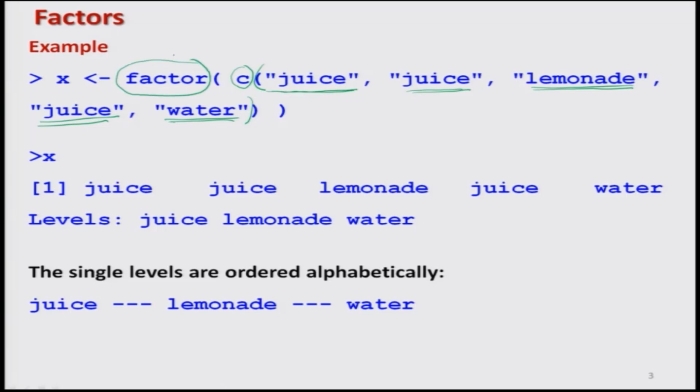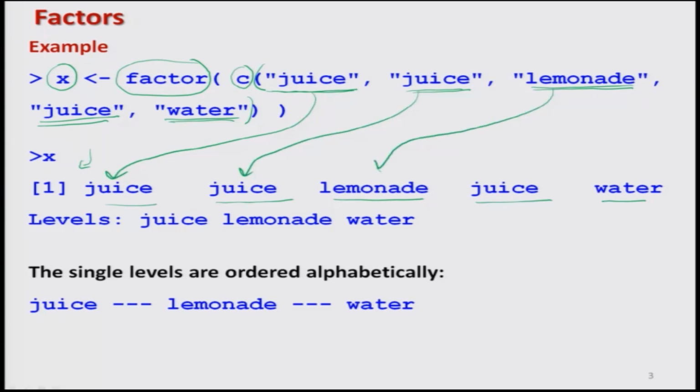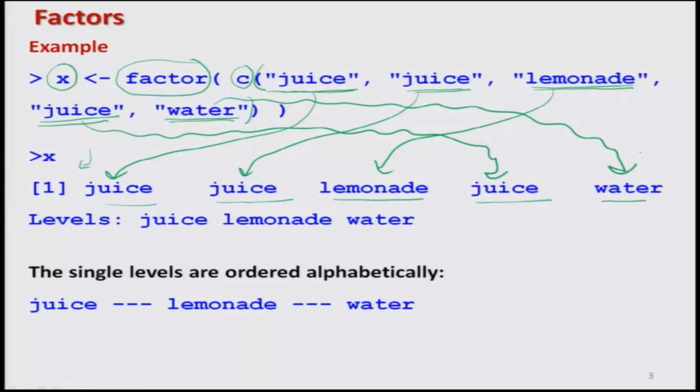I store this outcome in the variable x, and as soon as you enter it on the R console, you get this outcome: juice, juice, lemonade, juice, water. This juice is coming from here, this lemonade from here, and this water from here. And it shows you that there are 3 levels: juice, lemonade, and water.